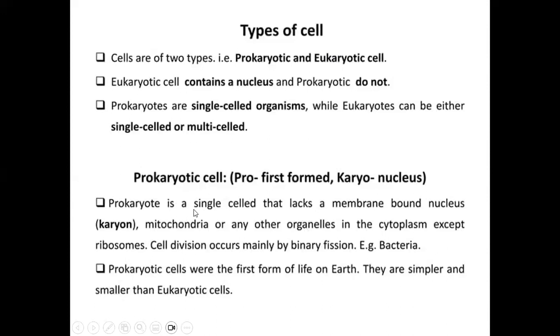The prokaryotes were the first single-cell organism that lacked a membrane-bound nucleus, mitochondria, or any other organelles, and the cell division in them mainly occurred by binary fission. Example would be a bacteria. Prokaryotic cells were the first life form on the earth, and they are simpler and smaller than the eukaryotic cells.